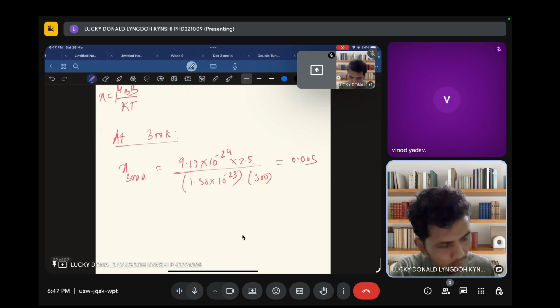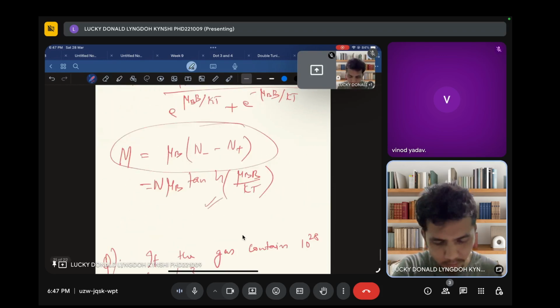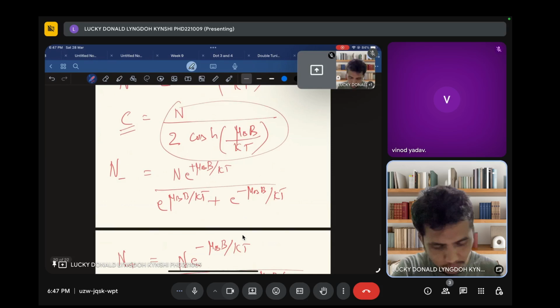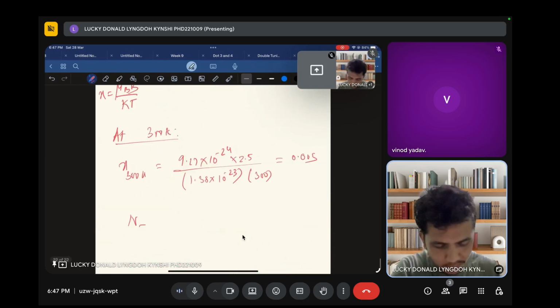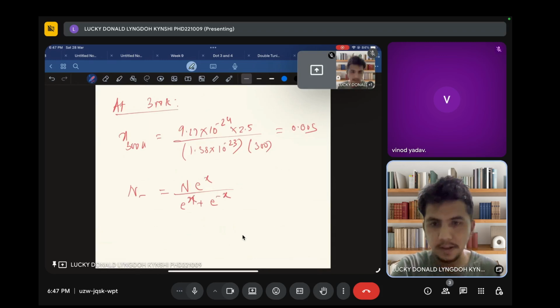Now once you know that, you can easily calculate what is n negative. N negative is n, and also you have this relation μB by kT, and e to the power of μB by kT. So if I want to write it, I can simply write n minus equal to n e to the power of x, plus e to the power of x, right?